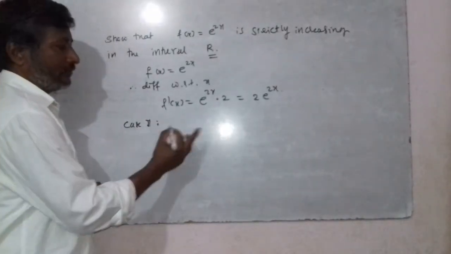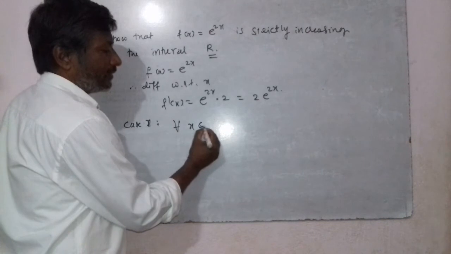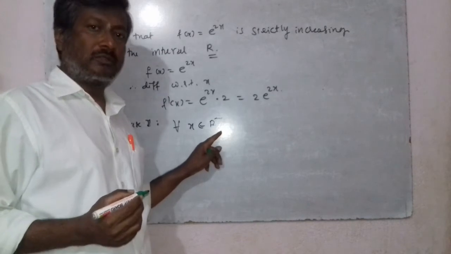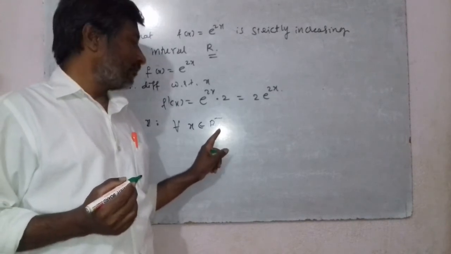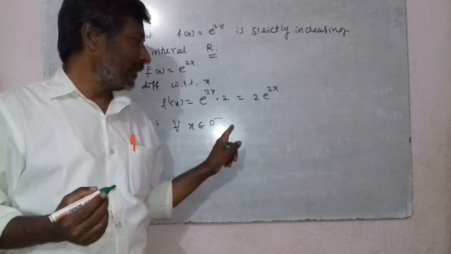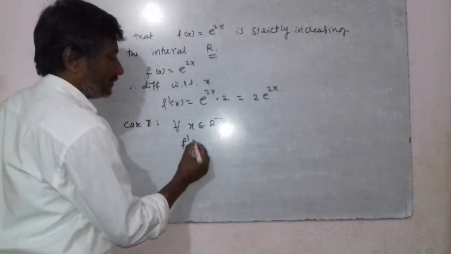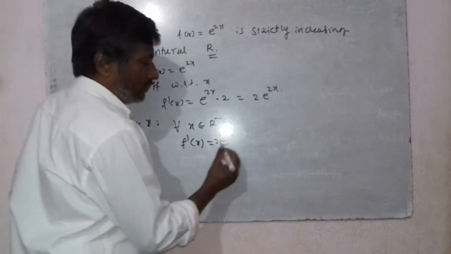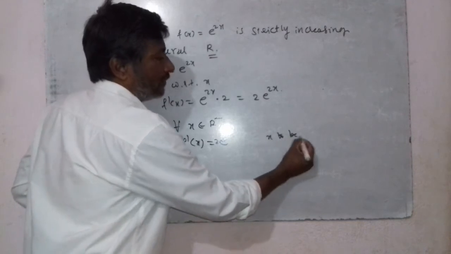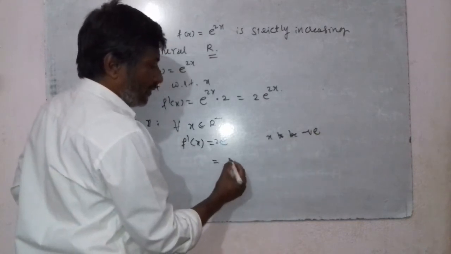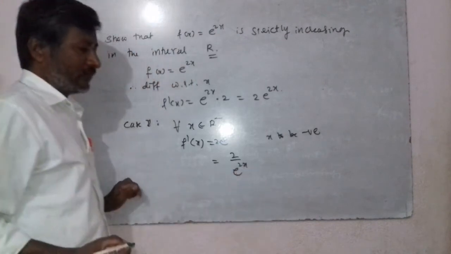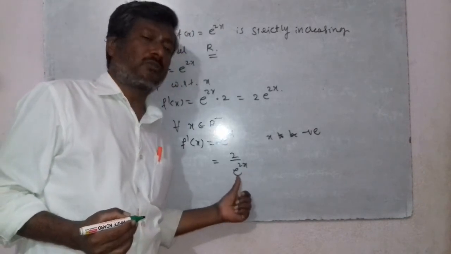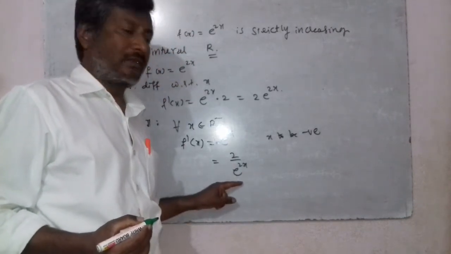So similarly consider case 2, that is for all x belongs to R minus. So negative numbers, minus 1 by 2, minus 0.2 or minus root 2, any numbers which belong to R minus. f dash x is 2 e raised to 2x. For x negative, this becomes 2 upon e raised to 2x. Again e raised to 2x is some positive quantity, and 2 upon this is again a positive quantity.